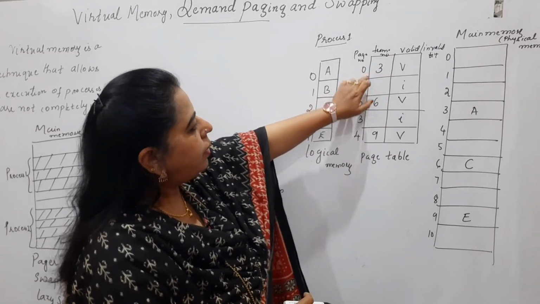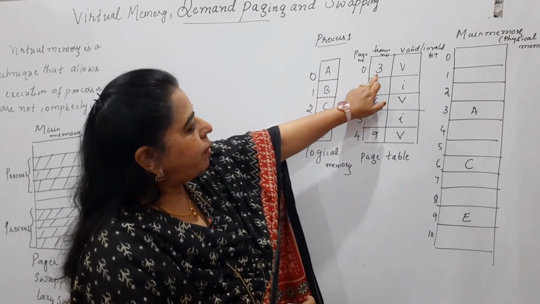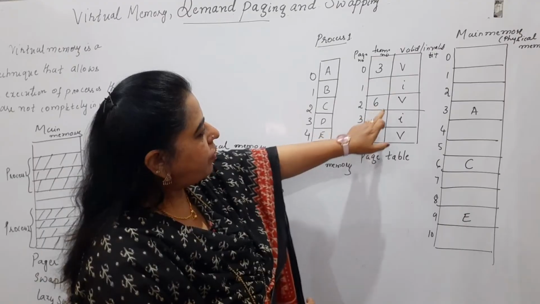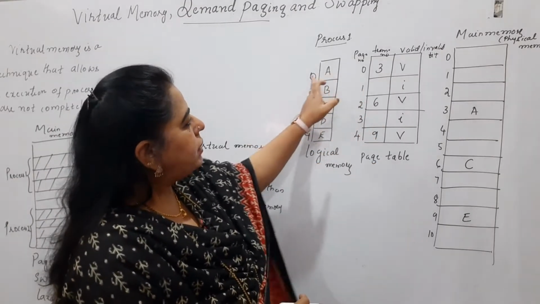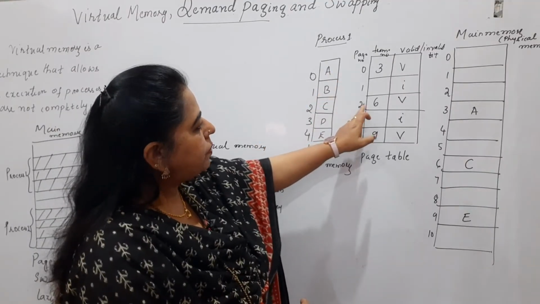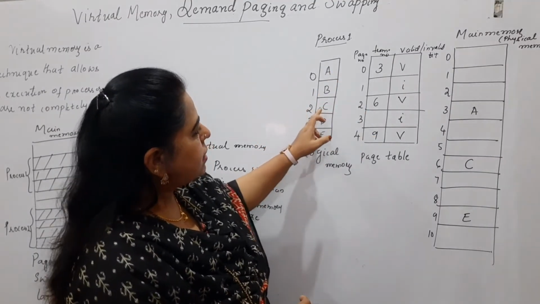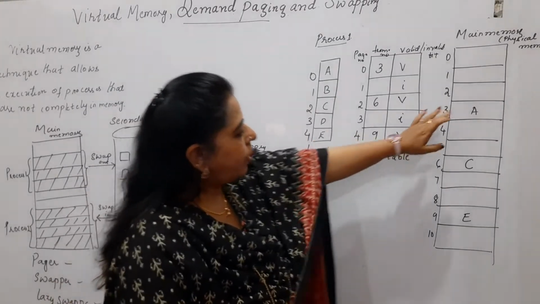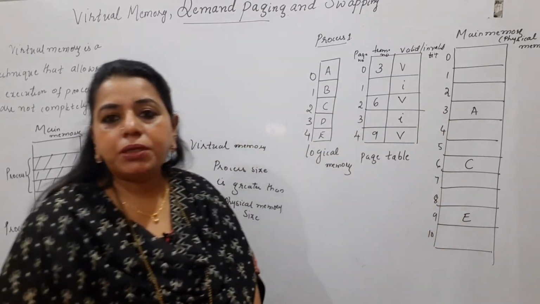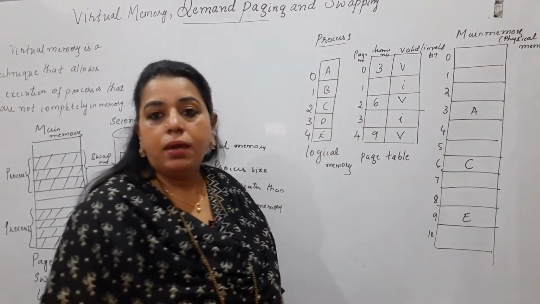So you can see here page 0 is present in frame number 3, page 2 is present in frame number 6, page 4 is present in frame number 9. What is page 0? Page 0 is A. What is page 2? Page 2 is C. What is page 4? Page 4 is E. So A, C and E, the only information about these 3 pages are shown in the page table.